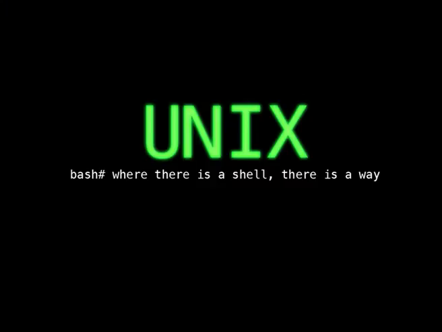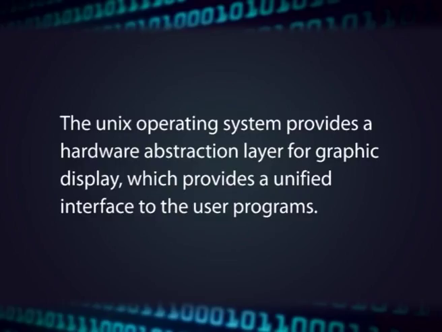manufacturer. Another example distinguishing mechanism and policy is taken from the display of the Unix operating system. The Unix operating system provides a hardware abstraction layer for graphic display, which provides a unified interface to the user programs. The layer encapsulates the hardware functionality so that the end user need not know any of the hardware details for the display.